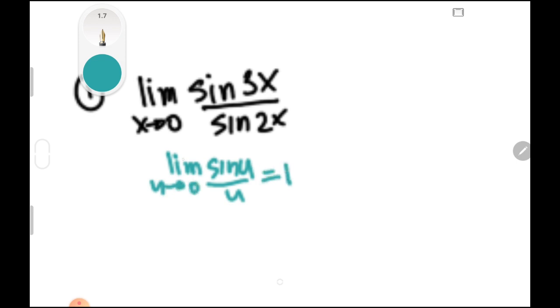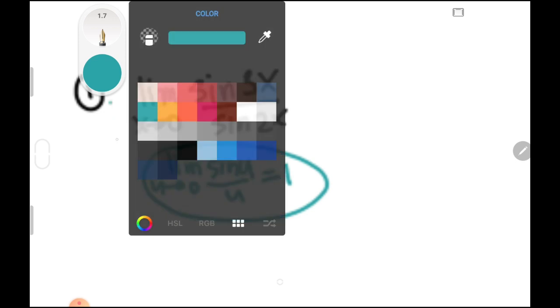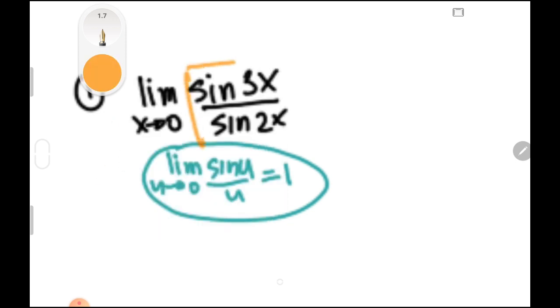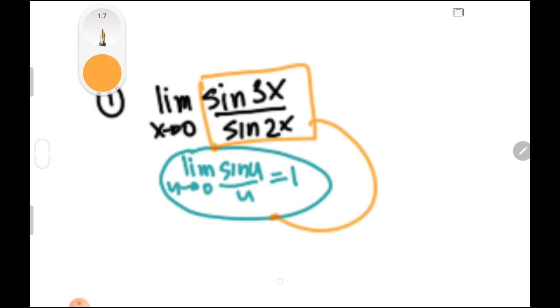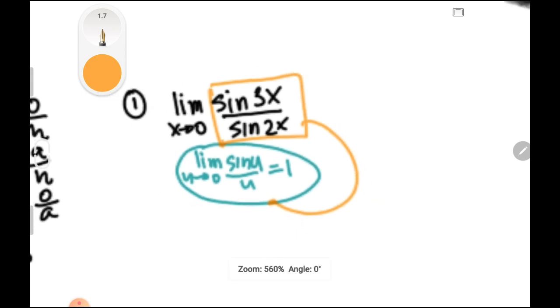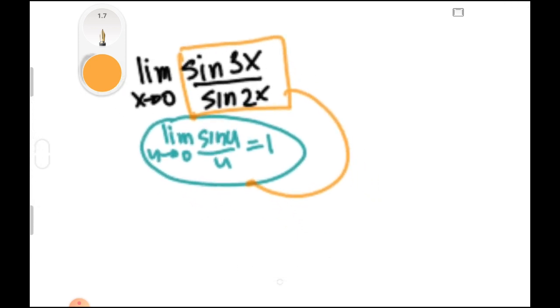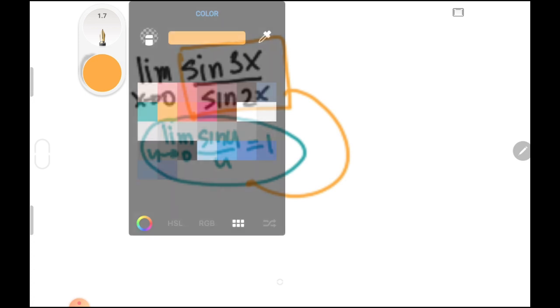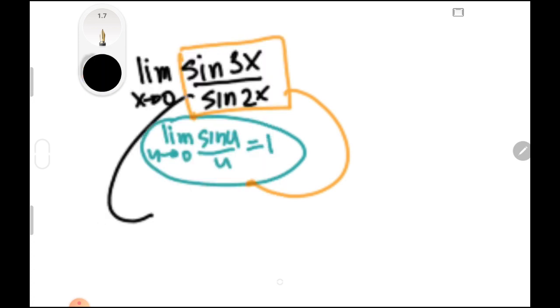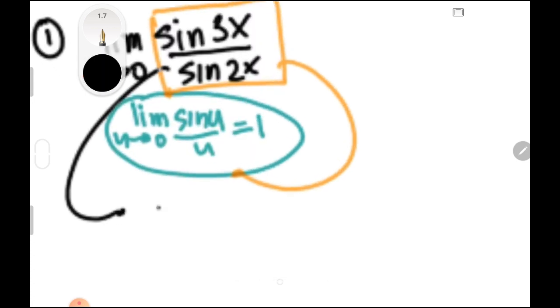In order to demonstrate this example, first I would need to change this variable into a function that is solvable in terms of this theorem. So what will we do? Probably manipulate our equation. By manipulating this equation, we will have sine 3x divided by sine 2x, right?